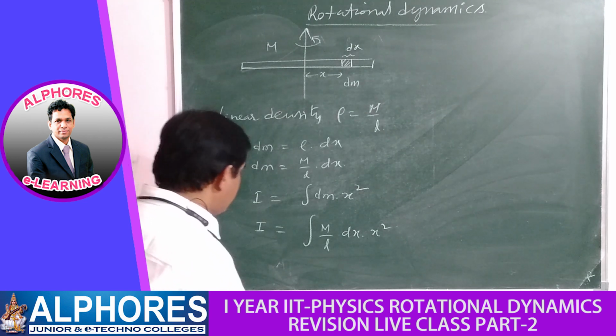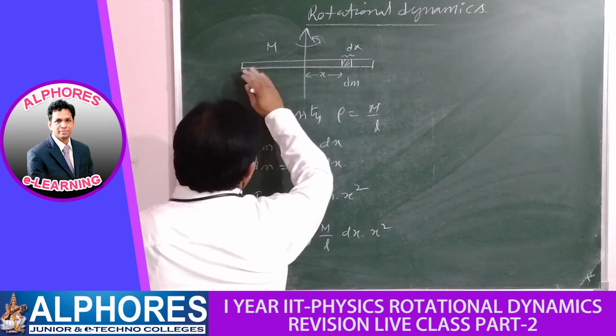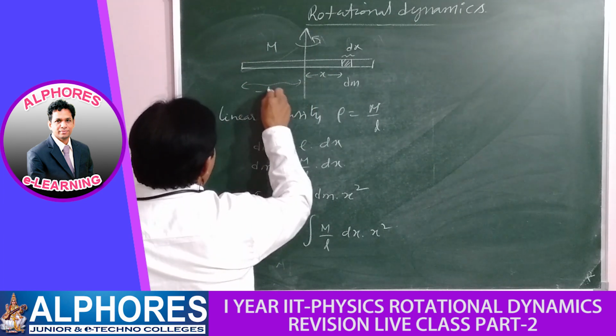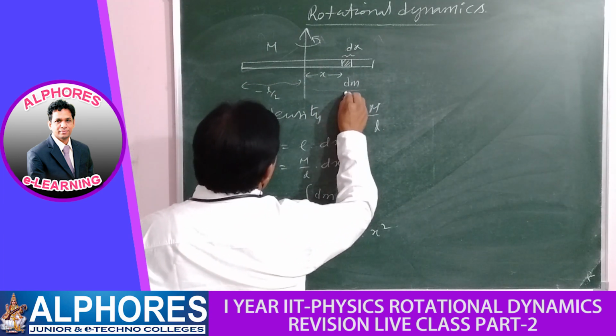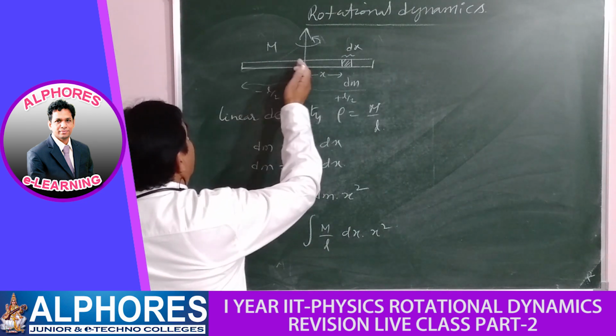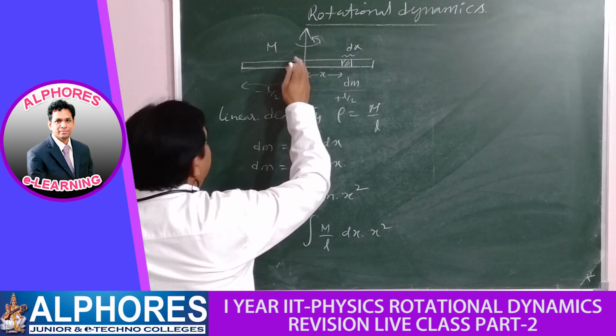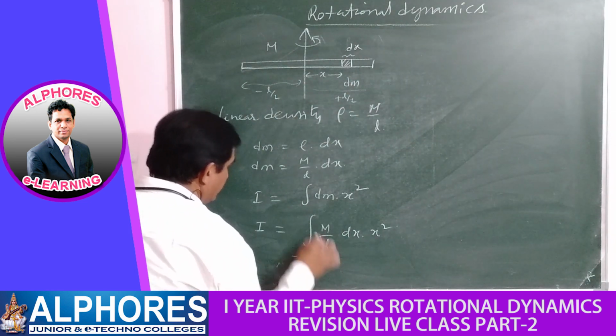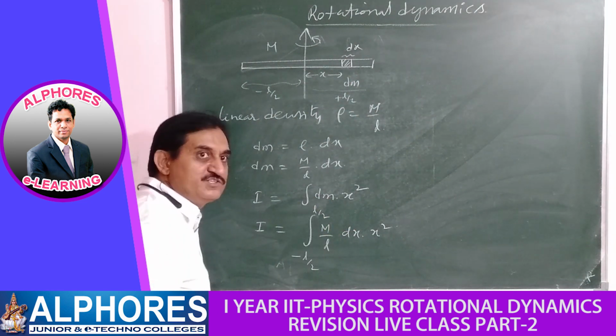We are taking the limits. The elements are taken on both sides. So from here to here it is minus L by 2. From here to here plus L by 2. Elements are taken on one side and on the other side at equal distance. Therefore, minus L by 2 to plus L by 2 limits.